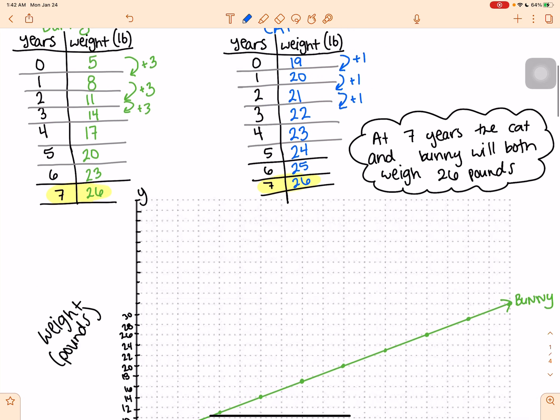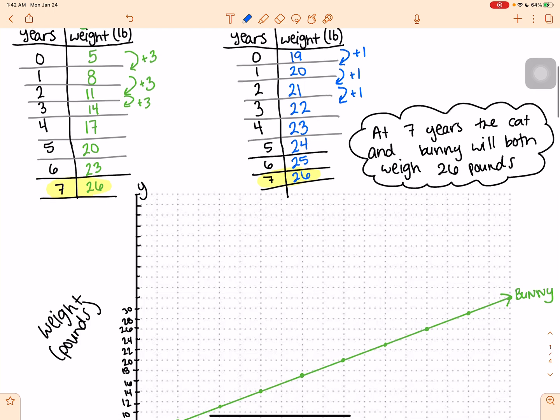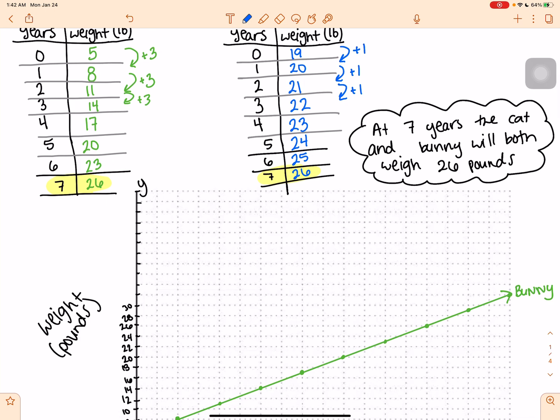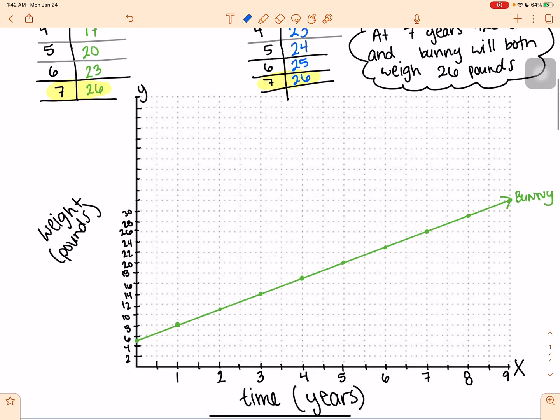So now for the cat, its starting point is at the y-intercept 0, 19. So along the y-axis, I'm going to mark one here at 19. After 1 year, it is now 20 pounds. After 2 years, it's 21. After 3 years, it's 22. After 4 years, it's 23.